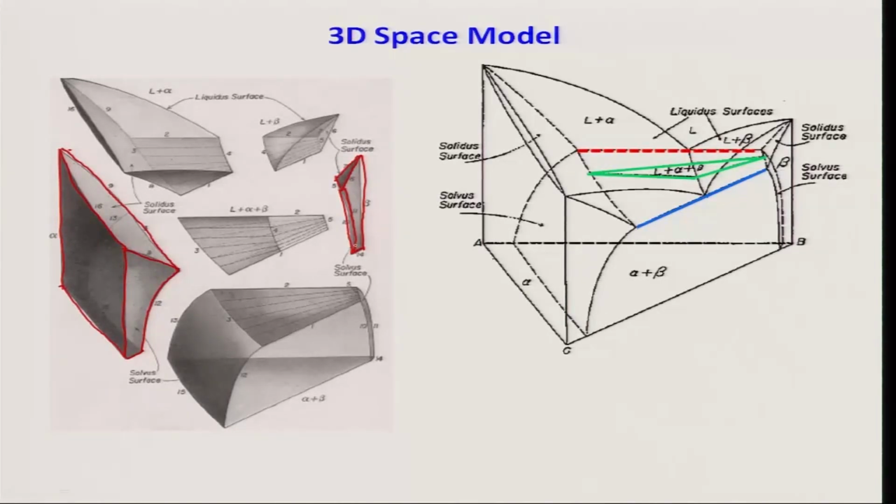So, these two are my alpha and beta zones. Then what about the alpha plus liquid? Alpha plus liquid is this zone, you see here. Although from this perspective it looks like this kind of stuff, it is not. Anyhow, the way it looks is this, what I had drawn just now, and then you have this zone.